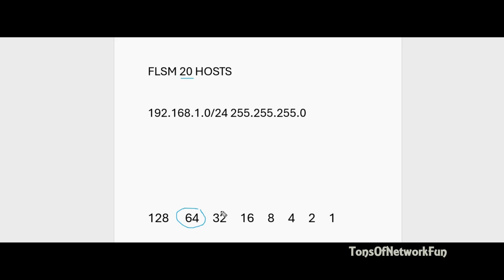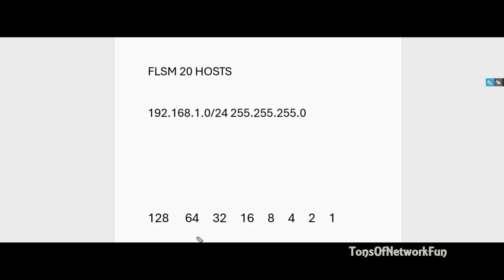We only need 20. 32 is a little too much, but we have to go with 32, because the next one is 16, which is less than 20. So we are going with 32.